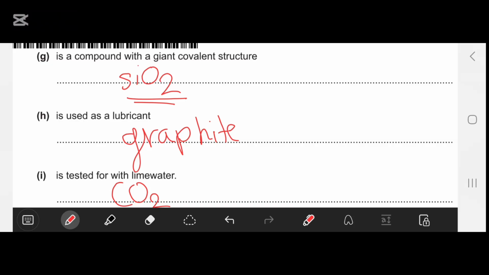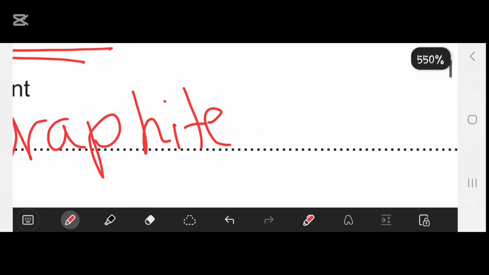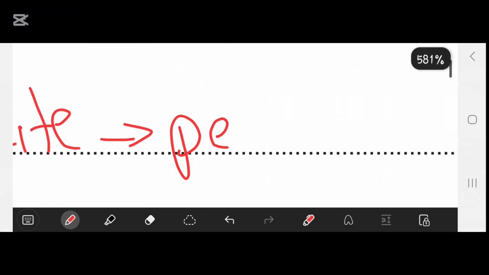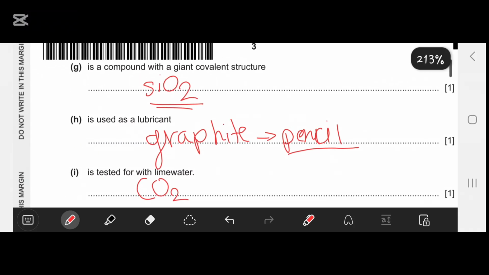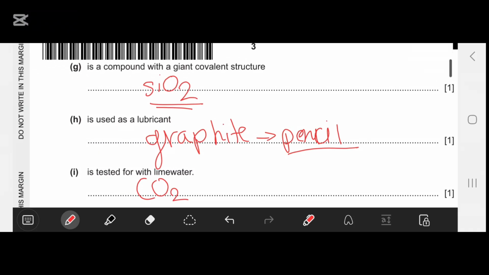So graphite is a lubricant because we use it actually in pencils. When we use it in pencils, we use it to write, so technically it's a lubricant.